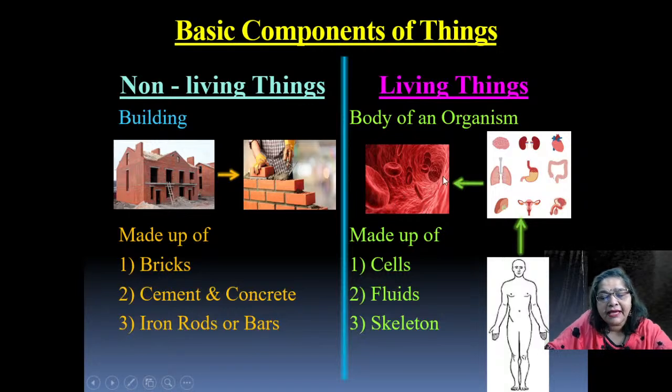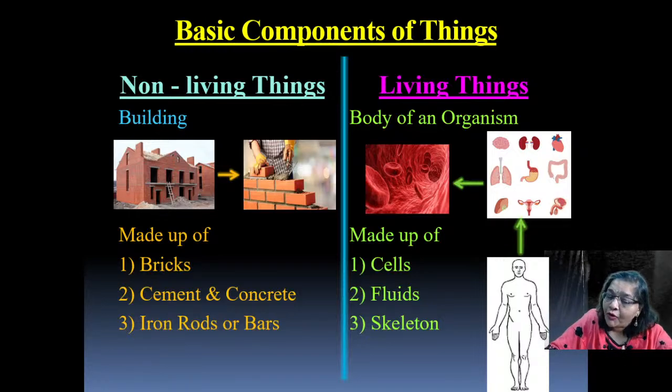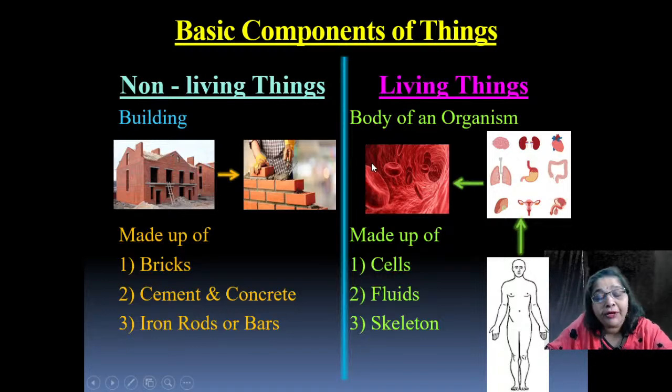So here you can see the difference between the non-living things and the living things. Basically they are formed of components, but still there is a lot of difference between components of non-living things and living things.